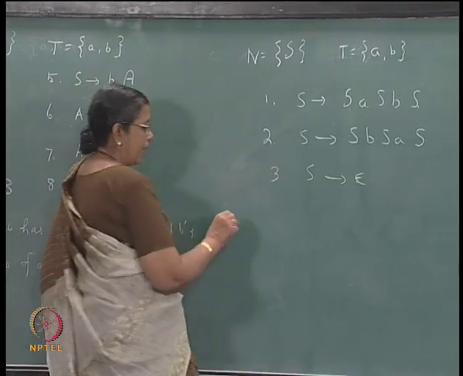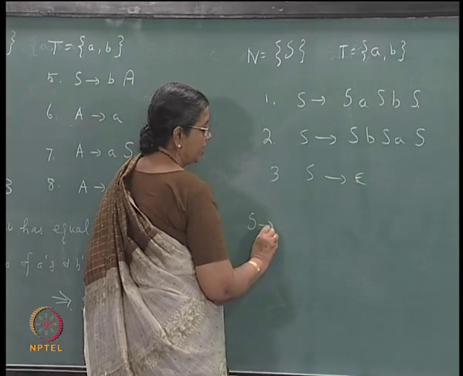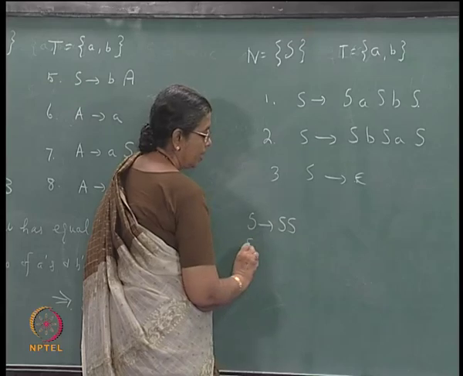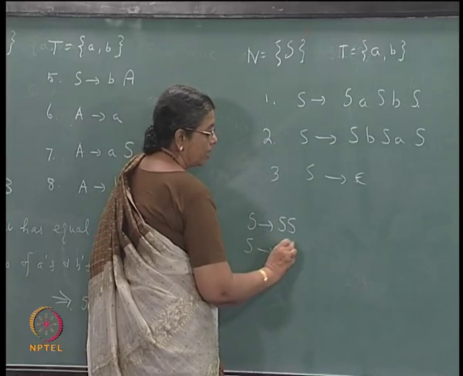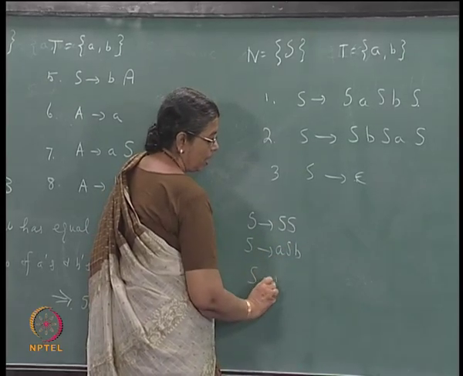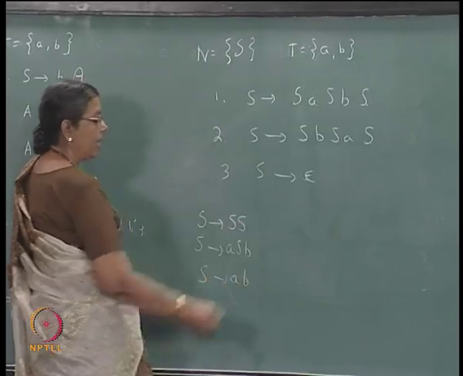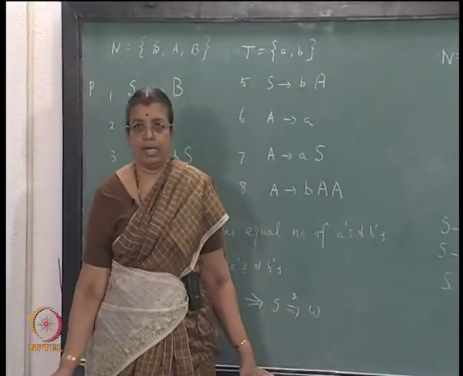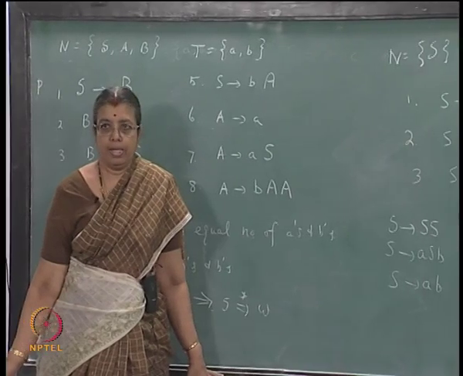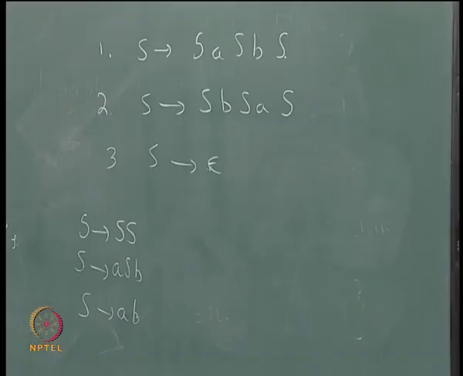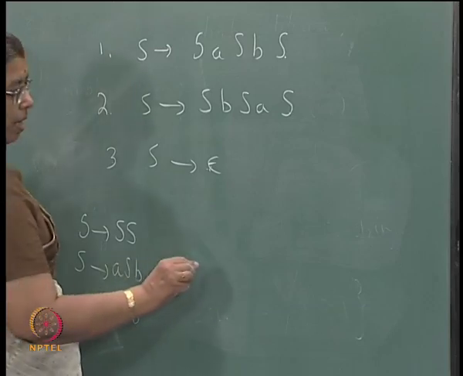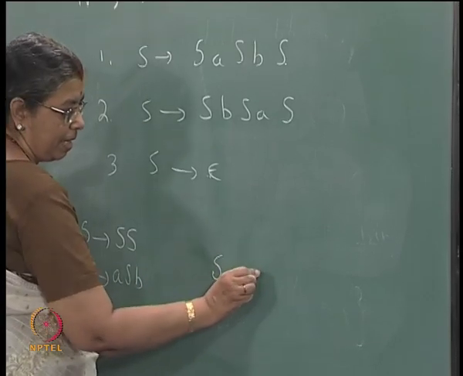Now, the Dyck set, the grammar which we gave was this: S goes to SS, S goes to ASB, S goes to AB. Here again note that epsilon cannot be generated, the empty string cannot be generated. An equivalent grammar which will also generate the empty string is this.